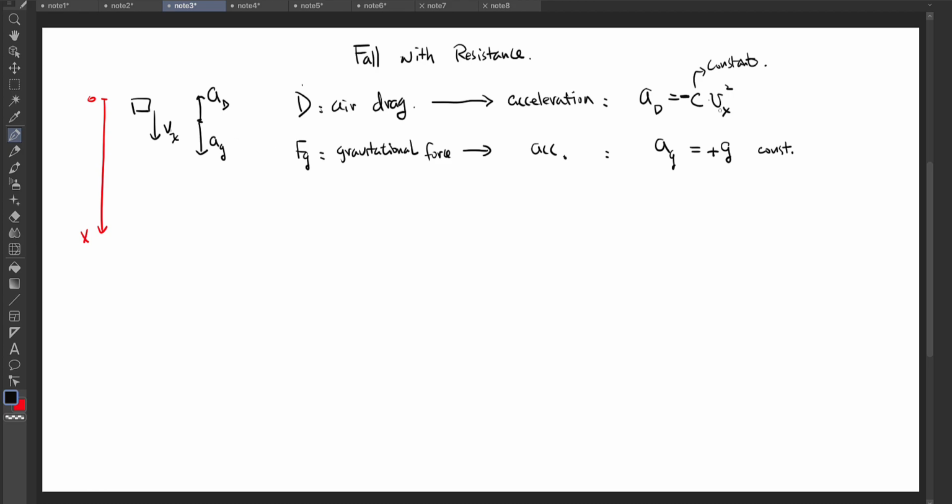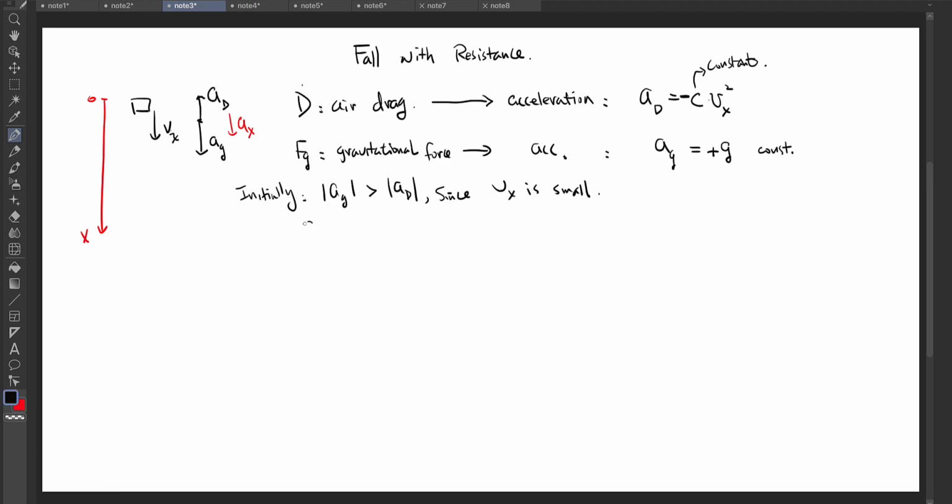Because at the beginning the velocity Vx is small, so initially AG's magnitude is greater than AD's magnitude, since Vx is small. So that's why the total acceleration, when I sum them up, will be downward. Let me call this AX, which should be downward.